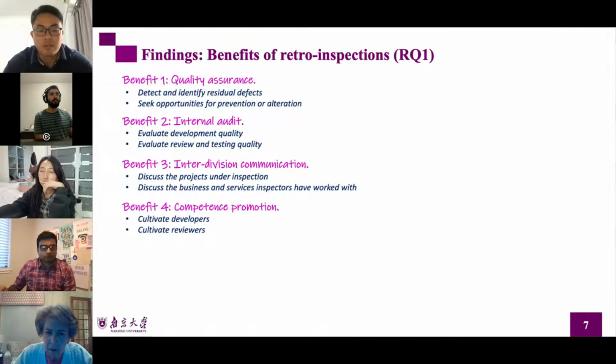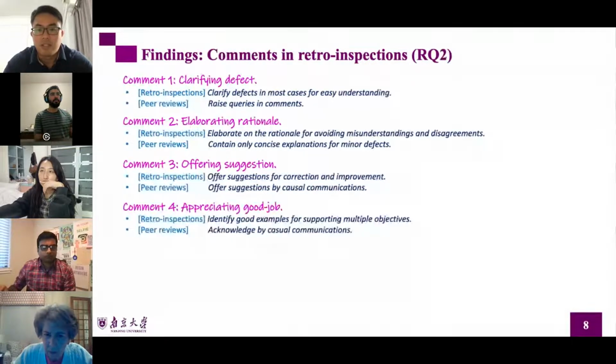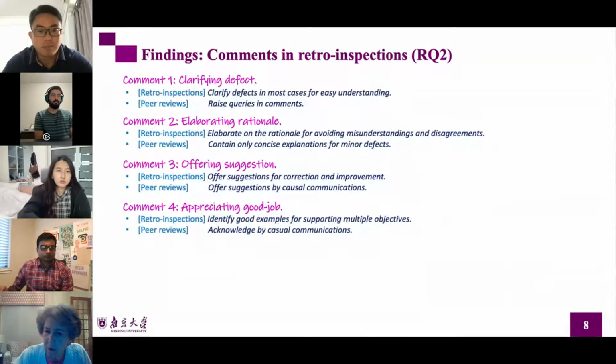For the second research question, we found that comments in retro inspection clarify defects, elaborate rationale, offer suggestions for assisting correction and improvement, as well as appreciate well-done work. Although some of them also appear in peer code reviews, they are more common in retro inspections.